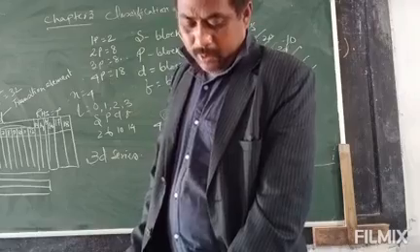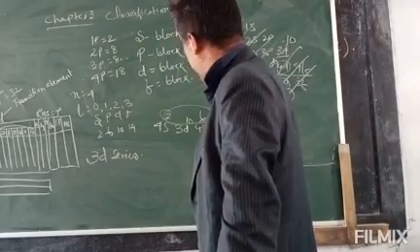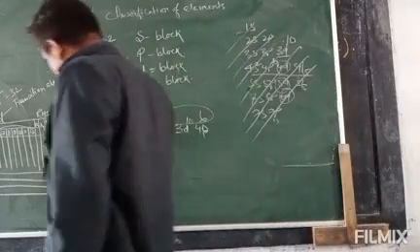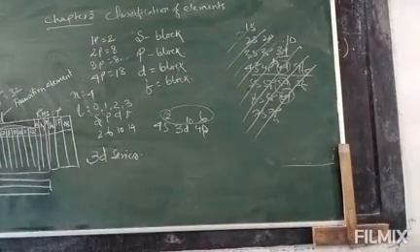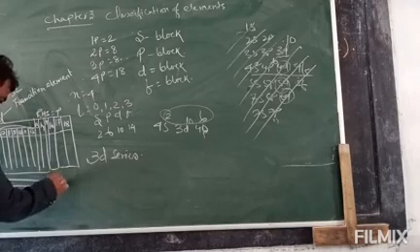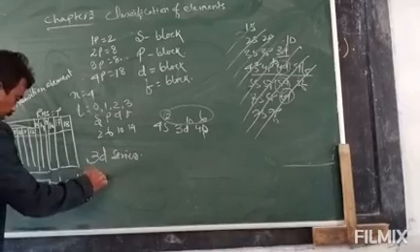And after that, those in which the last electron enters in f, the ones in which the last electron enters in 4f, we call the lanthanide series.